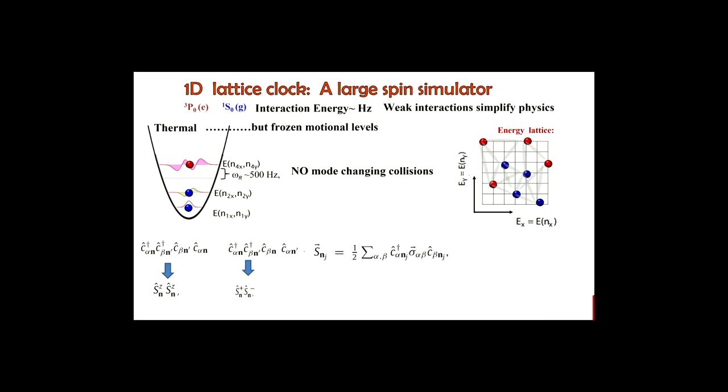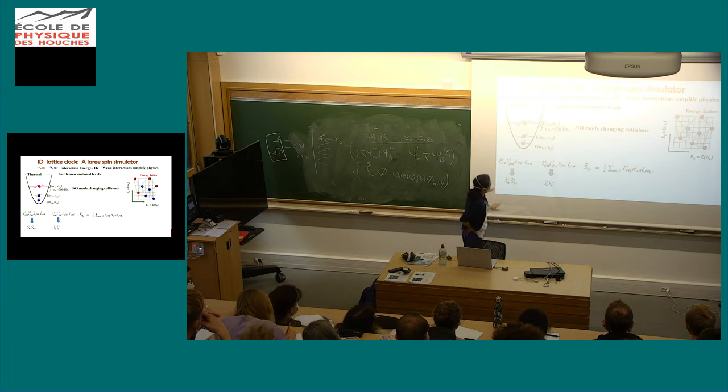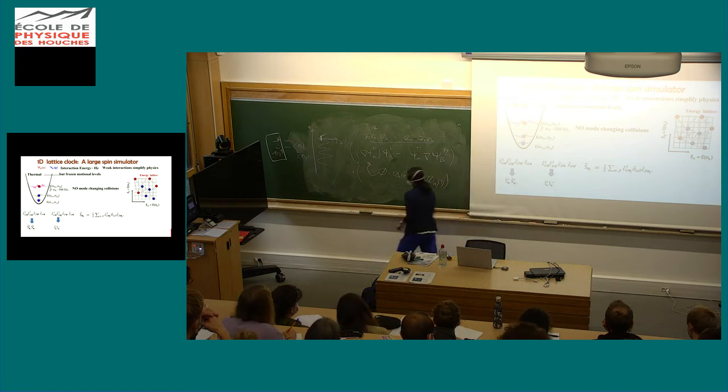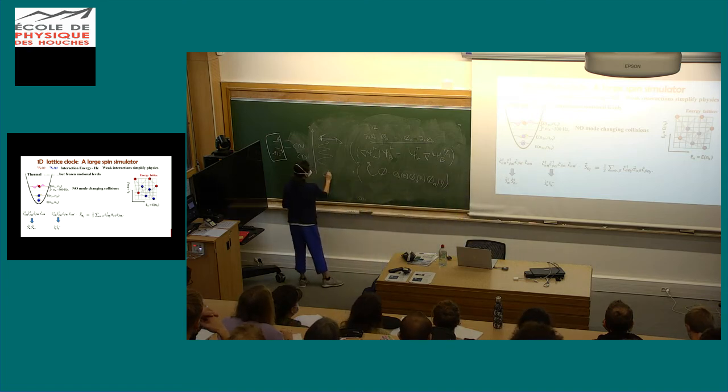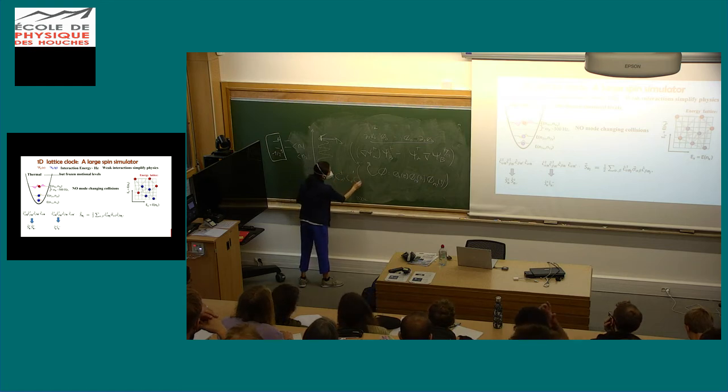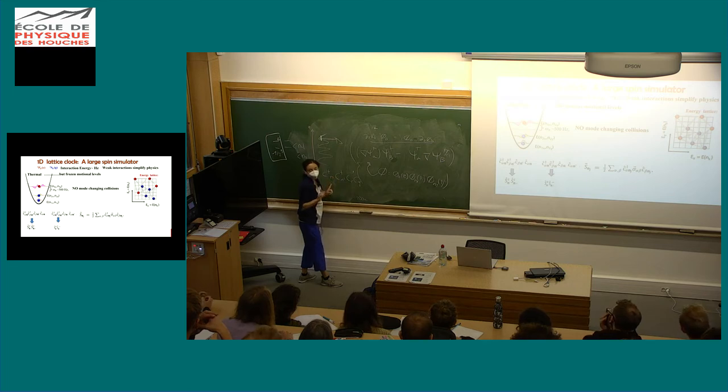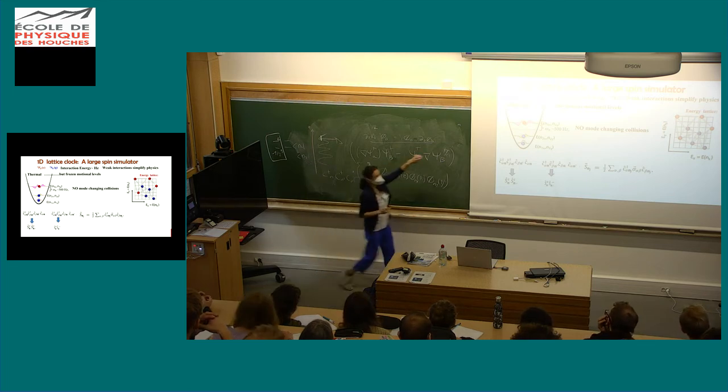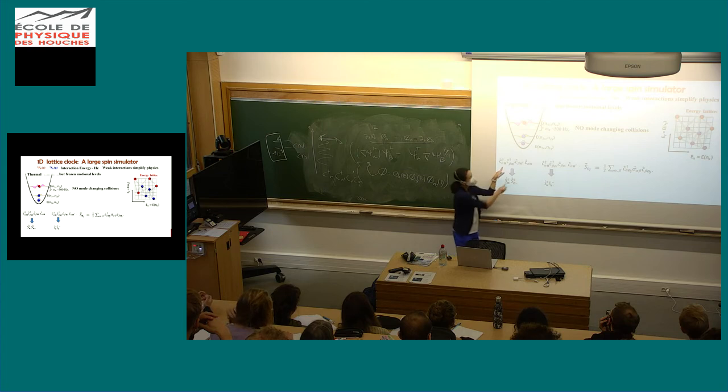Now the important part is that even for many particles, remember I have c dagger n, c dagger n prime, c p, c q. I have different labels for the interaction term. But because I don't have mode-changing collisions, I'm going to force two of them to be the same, because otherwise I'm going to change the mode.